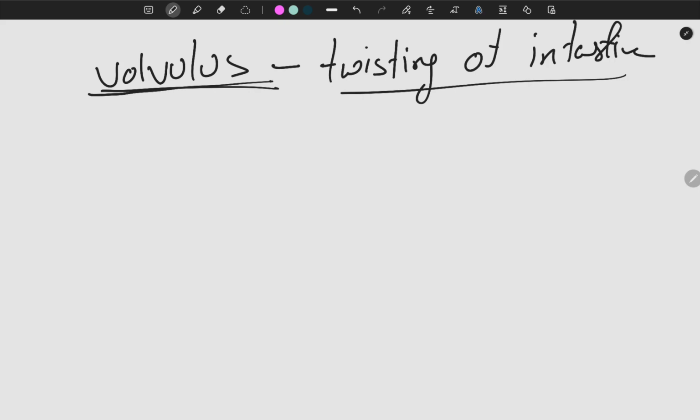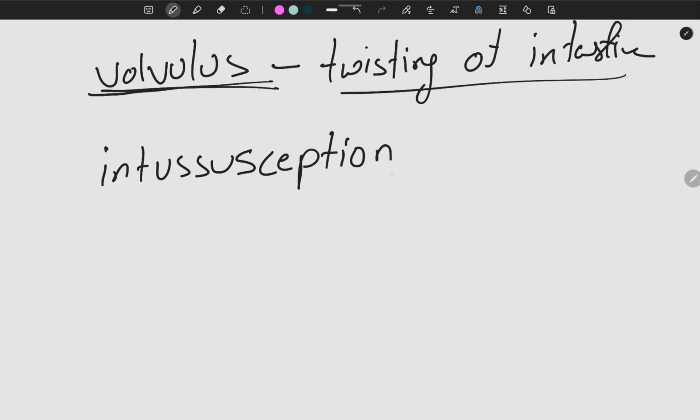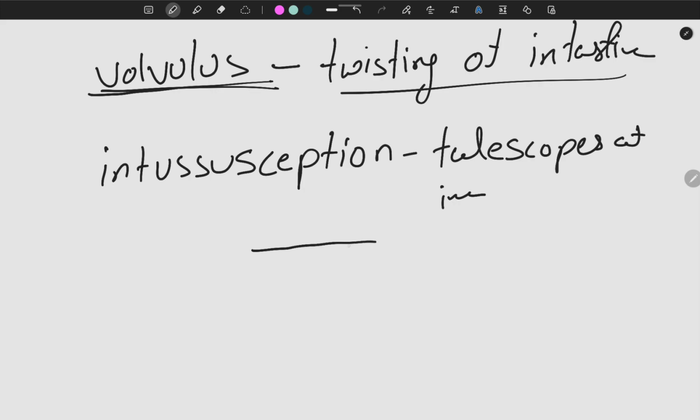The next important point is intussusception. What is intussusception? It is nothing but telescoping of the intestine. That is when the intestine goes inwardly, entering inside another part of the intestine.